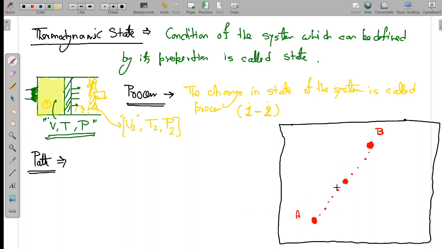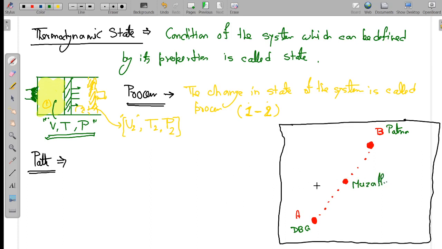Let us consider that right now point A is Darbhanga, DBG, and point B is Patna. So I have to move from Darbhanga to Patna. The center position is Muzaffarpur.